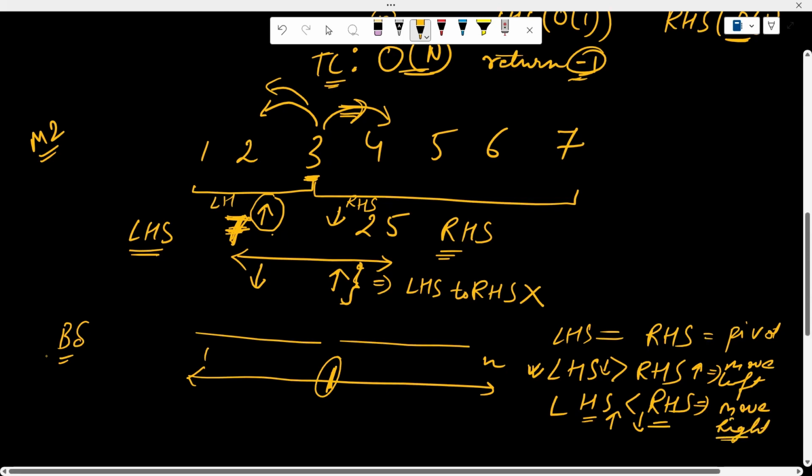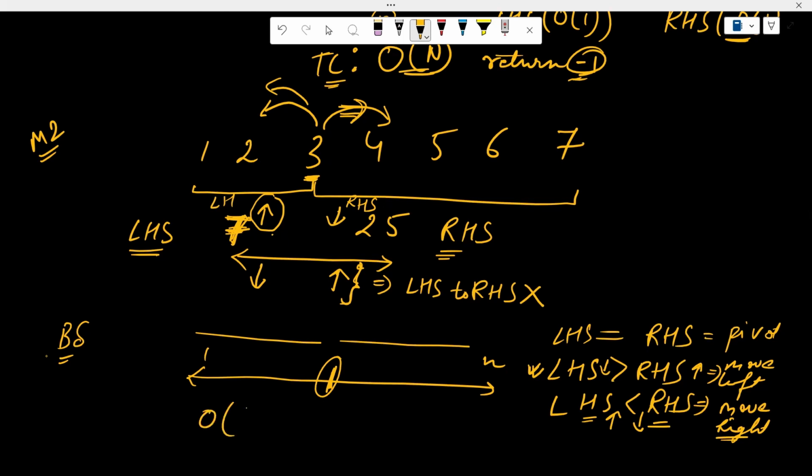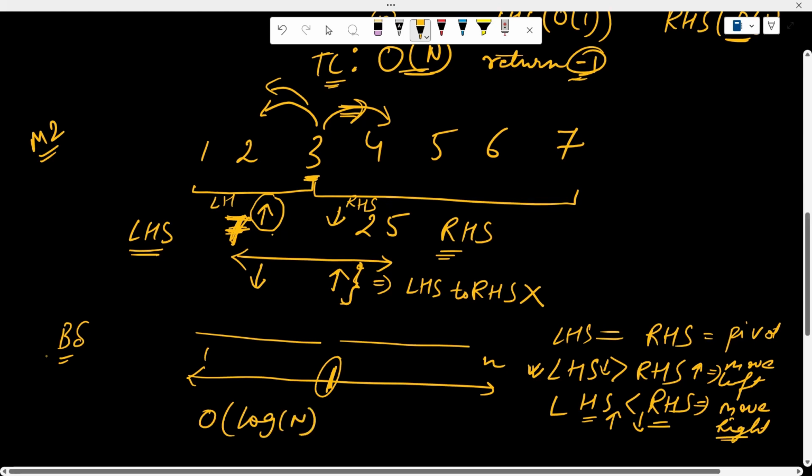So the time complexity to find the pivot will be big O of log n, because every time we are dividing the full range. Initially, the total range of the answer will be 1 to n.